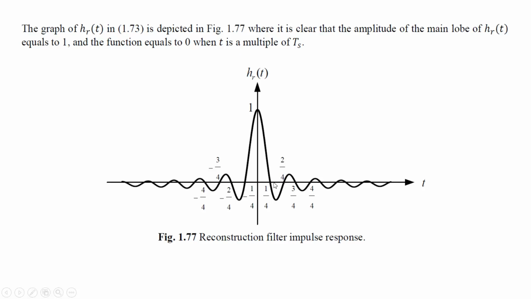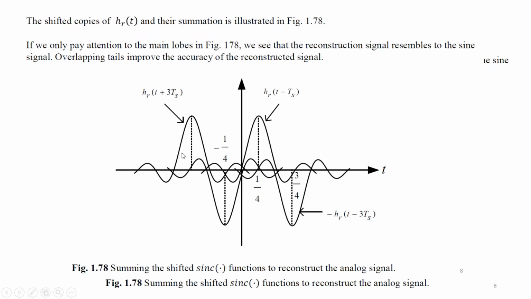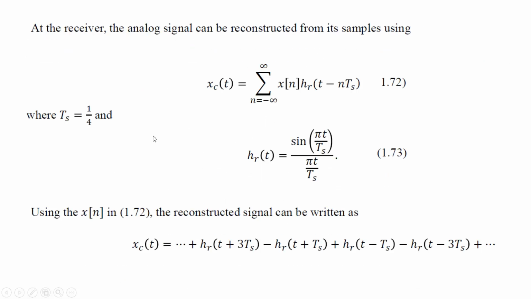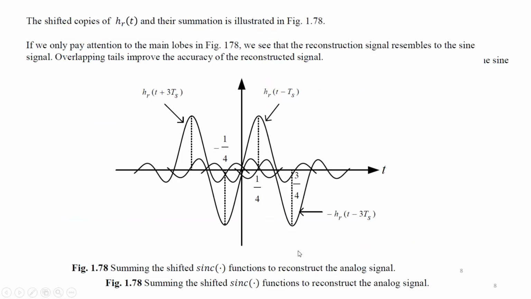Now, xc(t) will be generated by the addition or subtraction of these reconstruction filter responses. Every waveform will be superimposed with each other, and if you find the resultant waveform, you will see that the actual signal will be recovered back, which is basically the shifted copies of hr(t), and their summation is illustrated here in this figure.